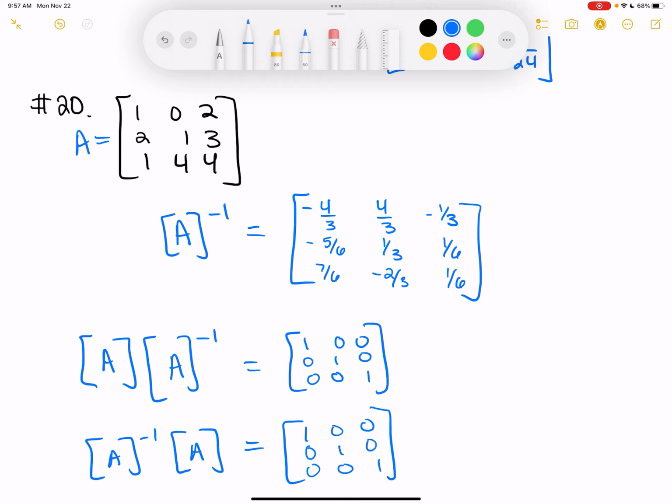I would greatly recommend you always check both of them, and not just say that this is what it's equal to. Because it's quite funny when somebody says this equals this, but they didn't actually check it.